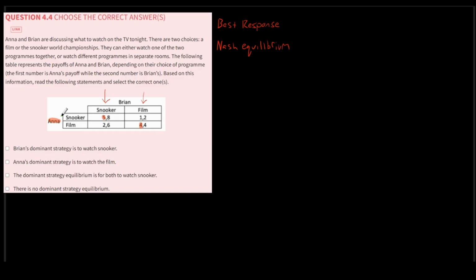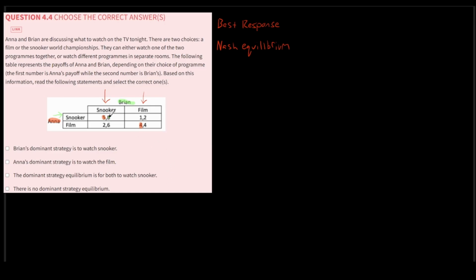Okay, so we now know what Anna's best responses are. Let's turn the table around and let's now play as Brian. So if we are playing as Brian, I'm going to use green for Brian. We do the same thing. We say, okay, for Brian, Brian is going to assume that Anna chooses snooker. Then Brian is going to say, well, what's my best response if she chooses snooker?